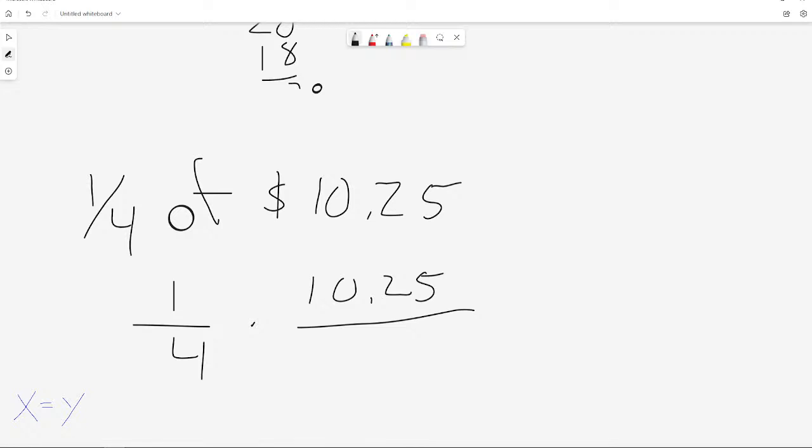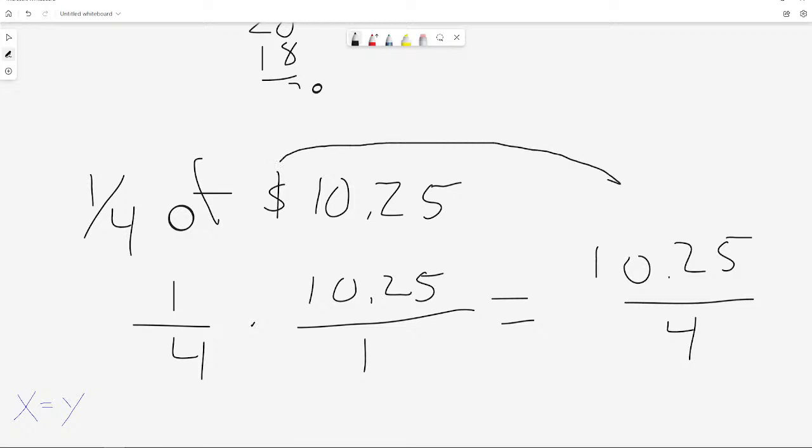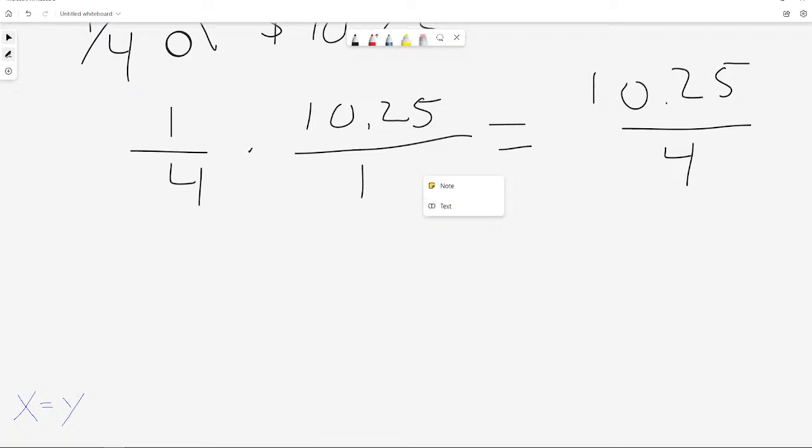It's a given, but if it helps you remember what you're doing, totally fine. 1 times 1025 over 4. Now, as you become more familiar, this is a step you can skip. You can just go from here to there because you would automatically see, okay, boom, just combine it. And you could even just skip this step and go straight to this step.